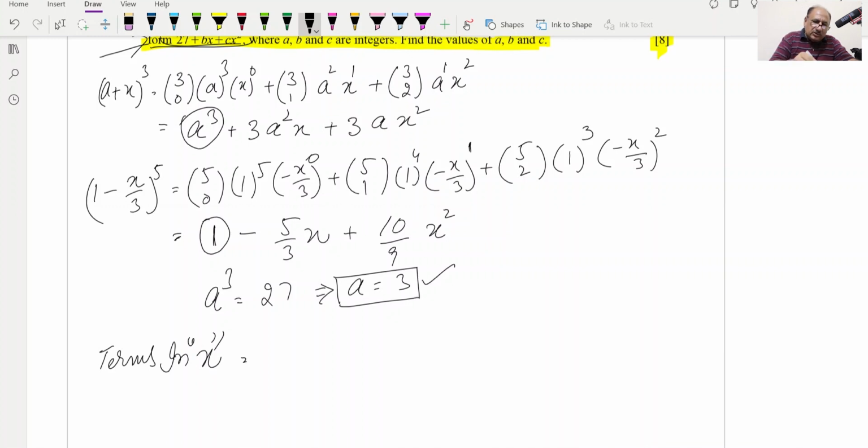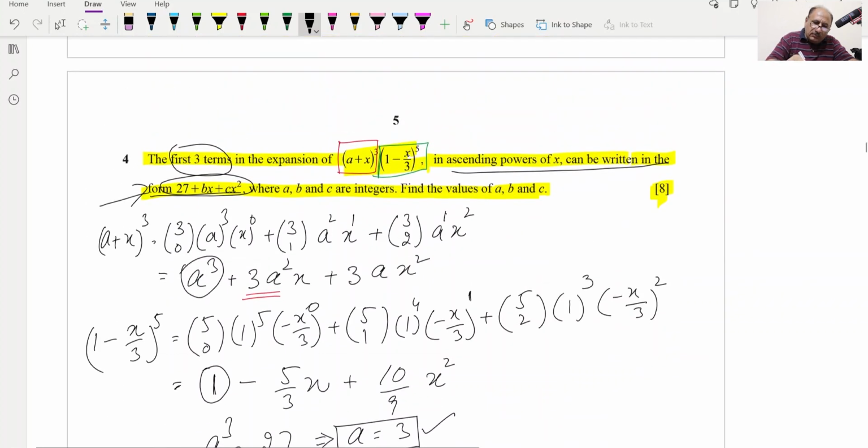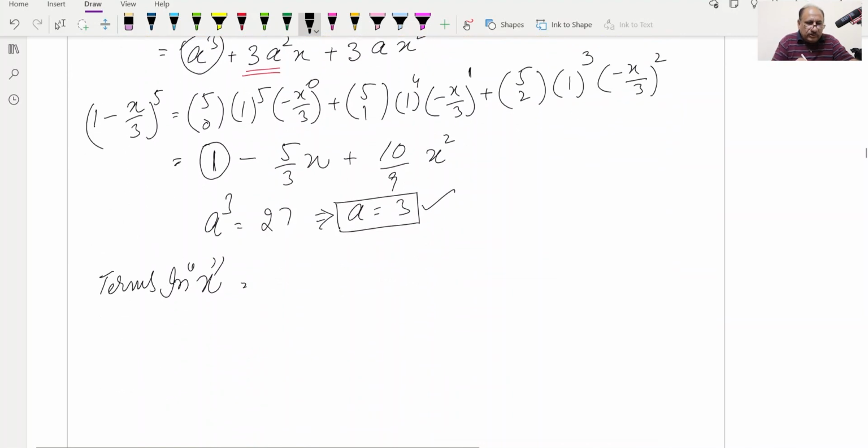There will be this one, 3a squared x, and there will be minus 5 by 3 also. So we can write basically when 5 by 3 x will be multiplied by a cube, because these two are being multiplied, we'll have to multiply the coefficients and check. So coefficient of x will be what? 3a squared and minus 5 by 3 a cubed.